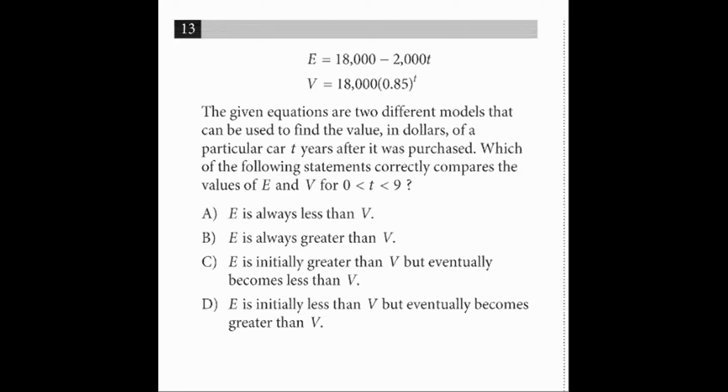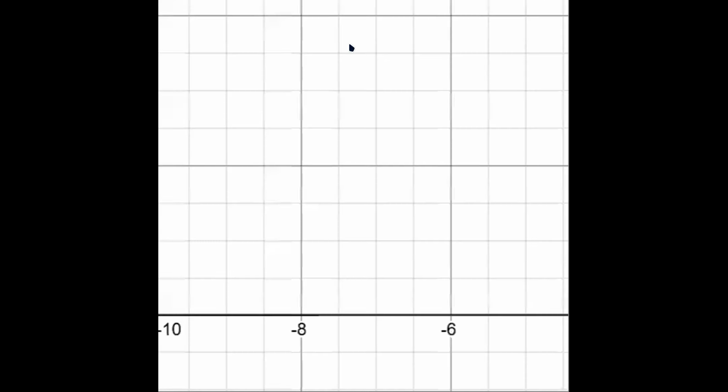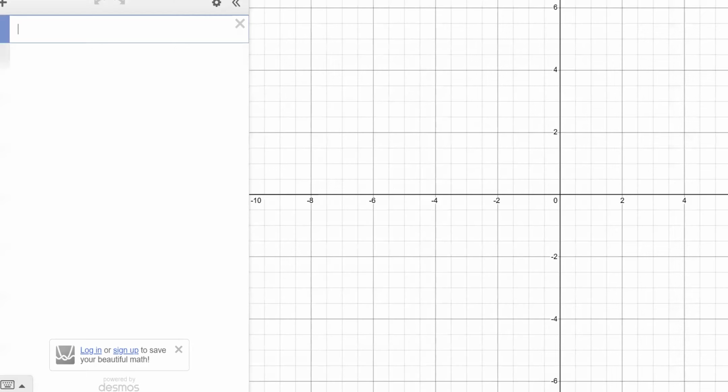Okay, so for question 13, I would recommend graphing this. So I guess I can just graph it.